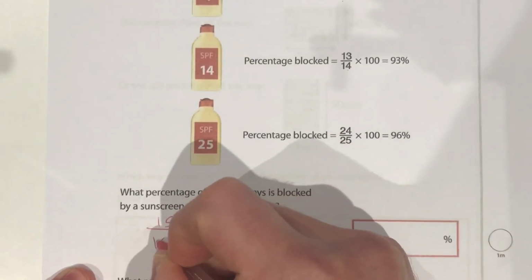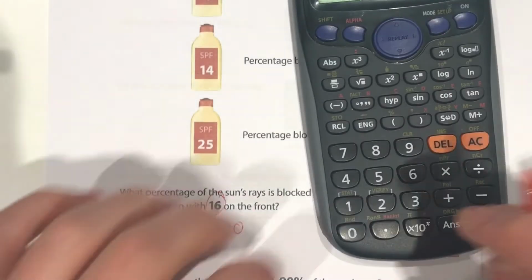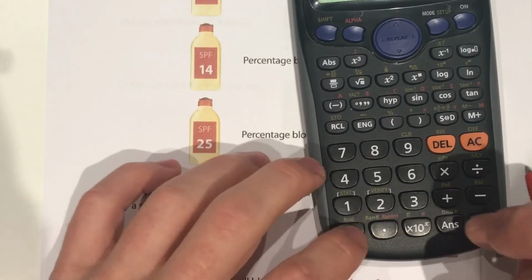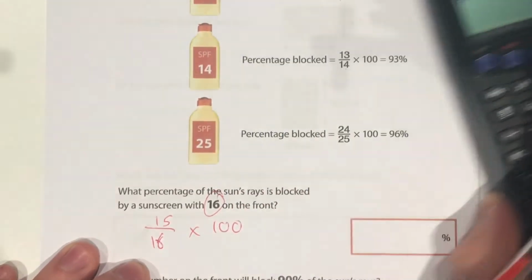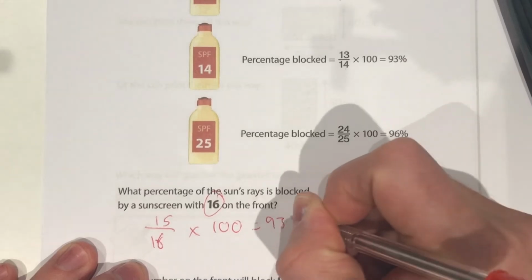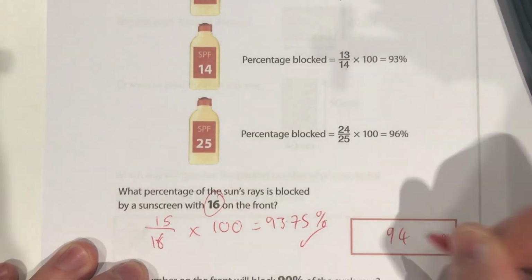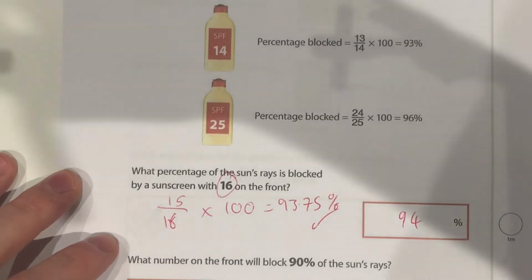So for 16, it's going to be 15/16 times 100. So 15 divided by 16 and then times 100 gives me an answer of 93.75, which is fine. You can have that if you want, or you can round it to 94%. Either is not a problem.